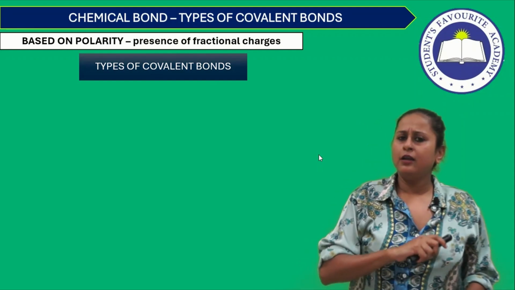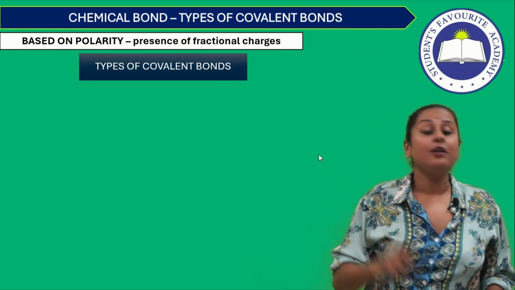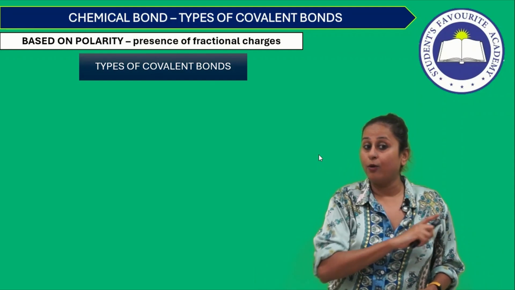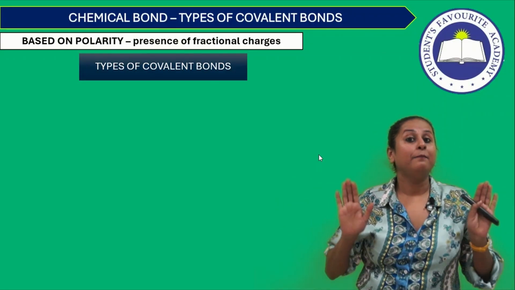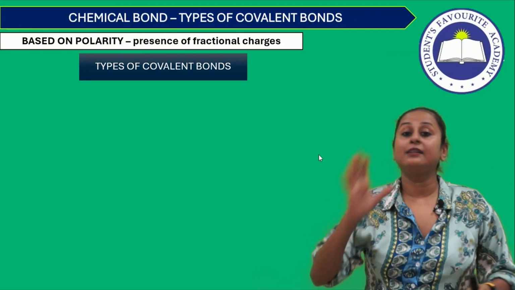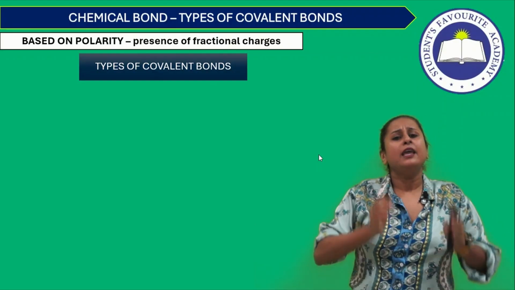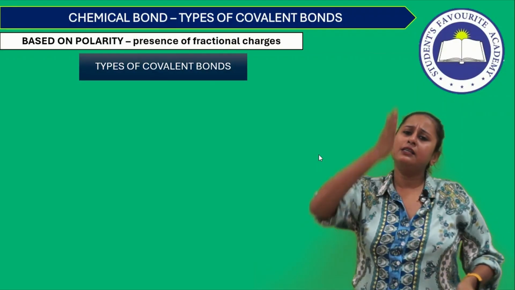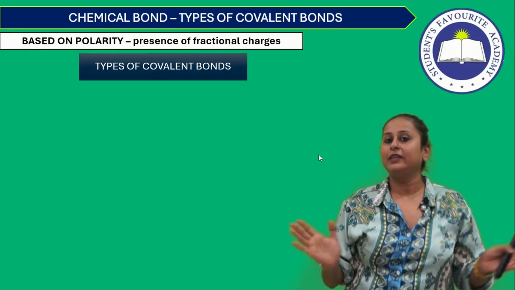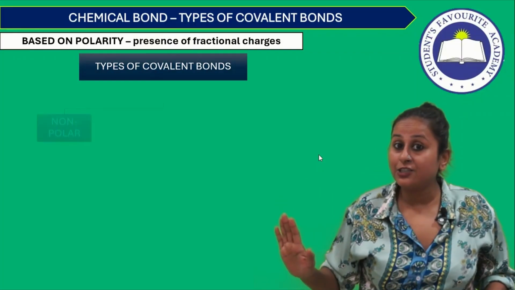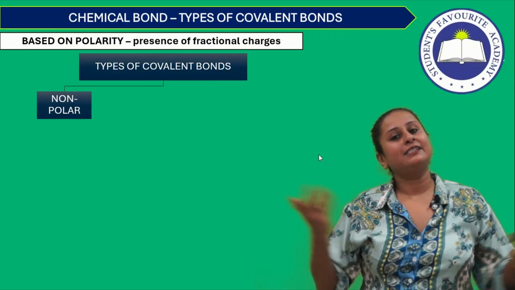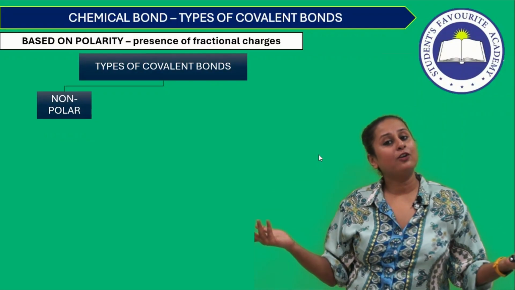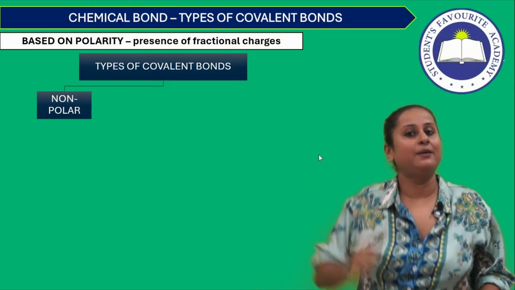So in a bond which is formed, what type of bond? A covalent bond. In a covalent bond where there is no charge separation, that means the pair of electrons shared is in the center or is equally shared by both the atoms. There are no fractional charges, so there are no poles. These types of covalent bonds are called non-polar covalent bonds.